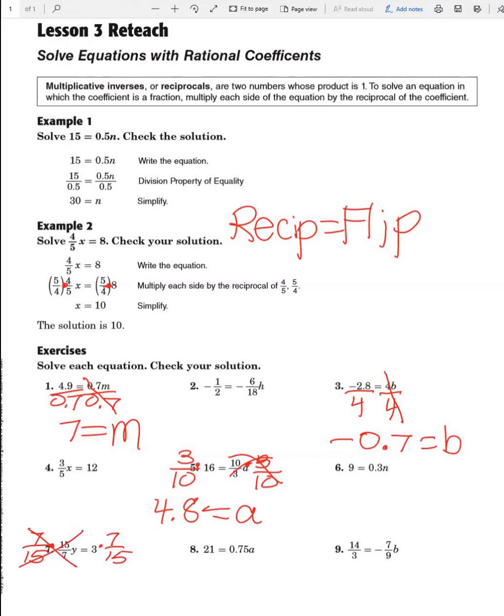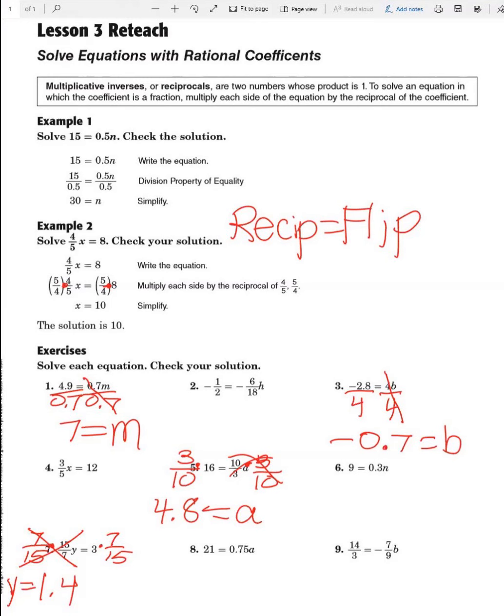The fractions on this side will cross out, and then we need to multiply. 3 times 7/15 equals 1.4. Bring down your variable y, and there's your answer. Y equals 1.4. Let's do the last one, number 9.